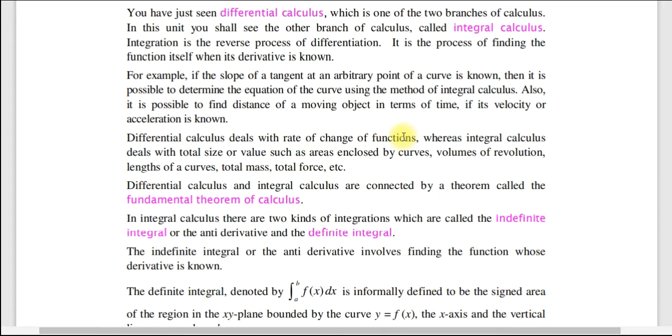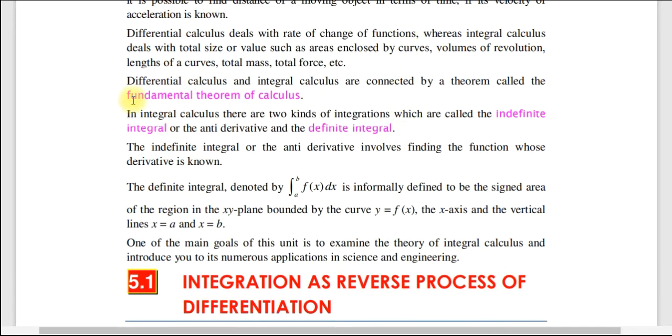ነው ዲል የሚያደርገው ማለት ነው። So differential calculus and integral calculus are connected.